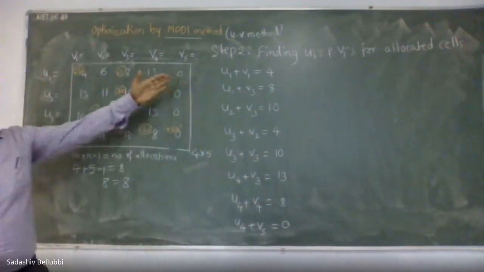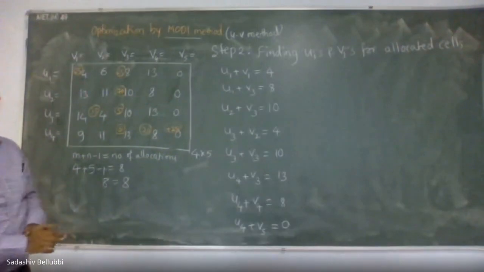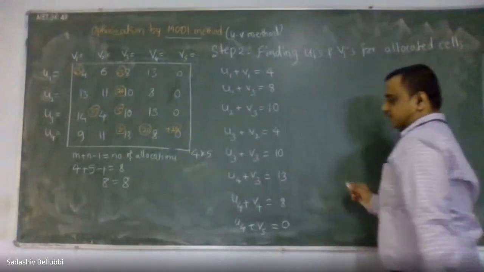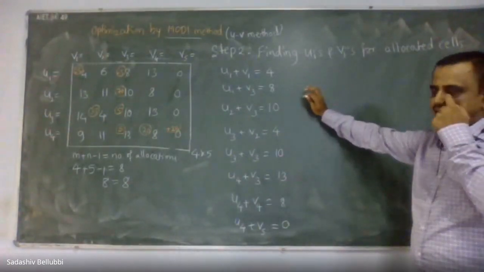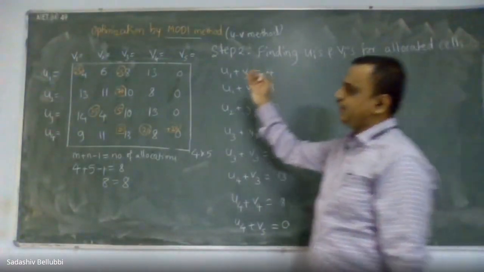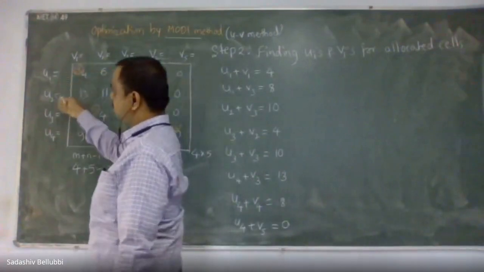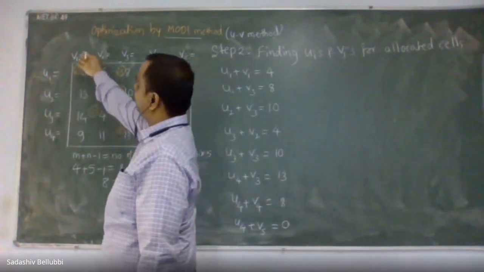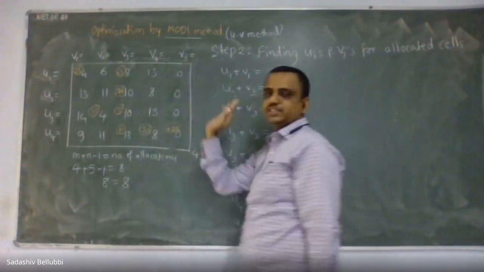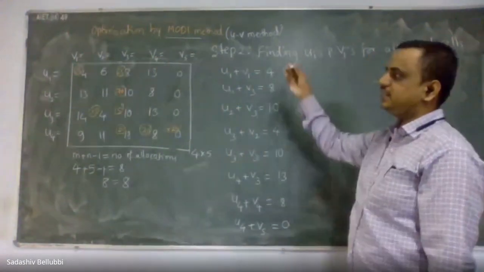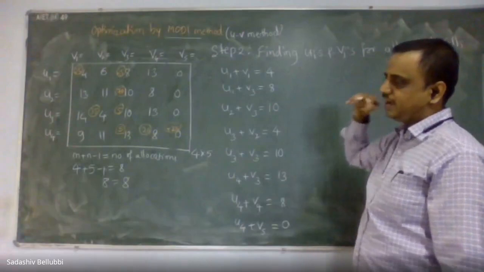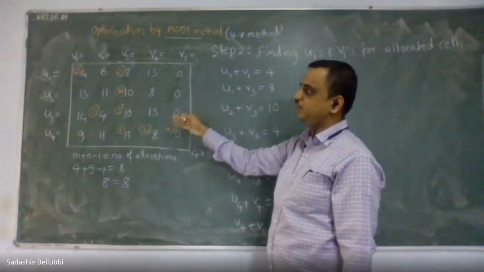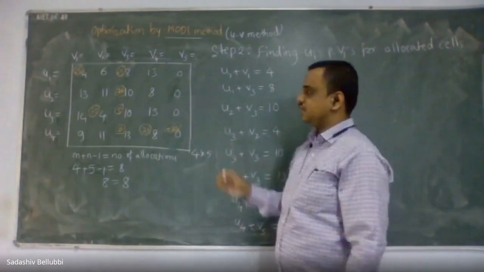Okay, once you write all the equations, then we need to find these values. As I explained already, we need to consider either u1, u2, u3, u4 as 0, or else any vj as 0. While choosing the 0, we need to check which row or which column has the most number of allocations.